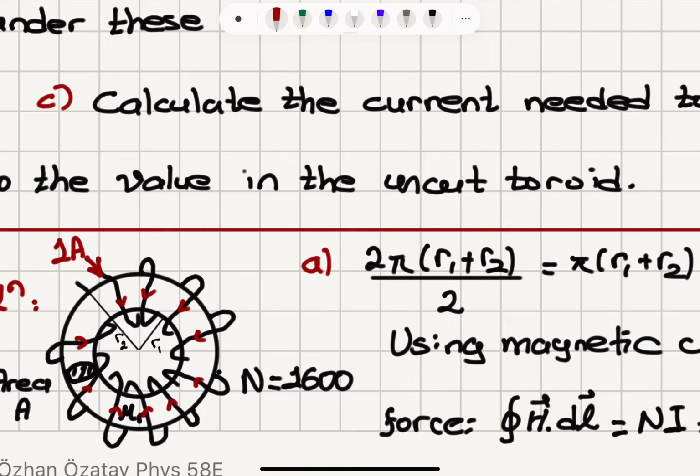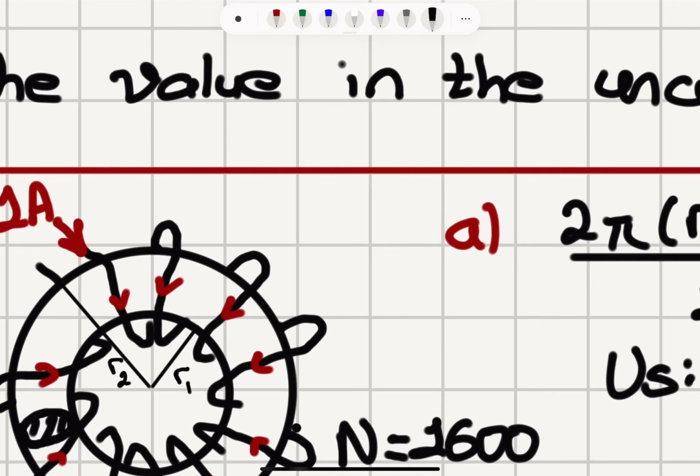By using the right-hand rule, you can see that the magnetic field produced by this current is going to be always perpendicular to the current, and it's found by wrapping your forefingers in the direction of the current and looking at the direction in which your thumb points. So for each of these, we have a contribution to the magnetic field.